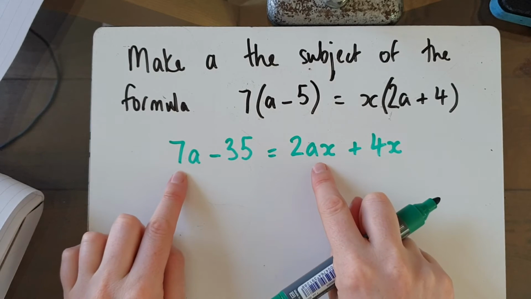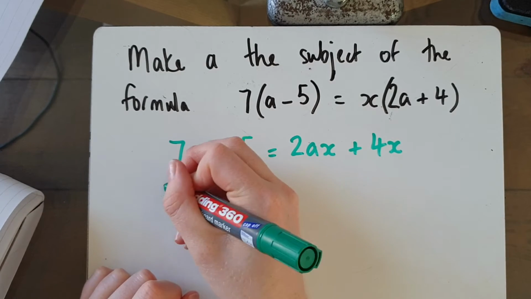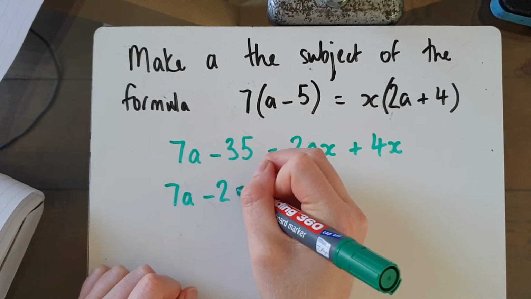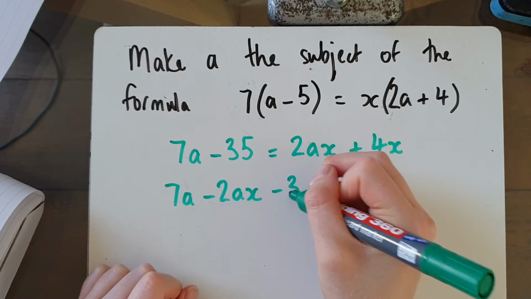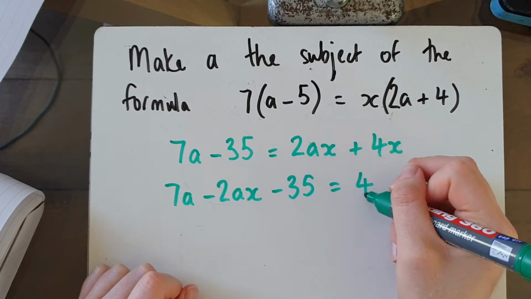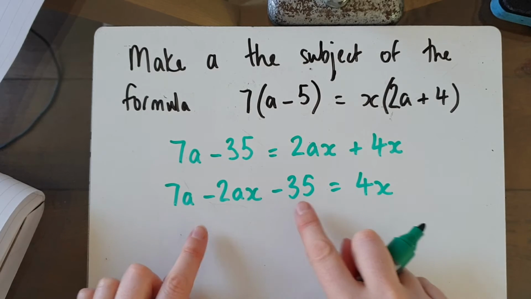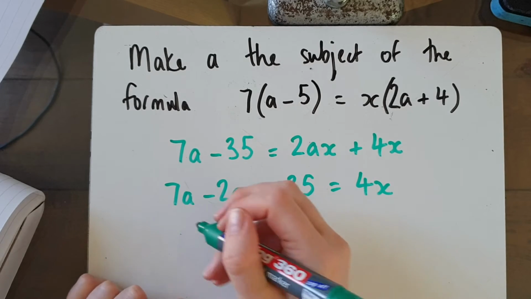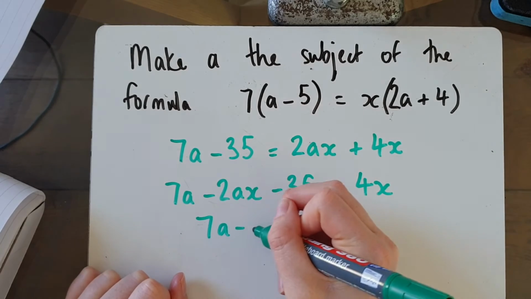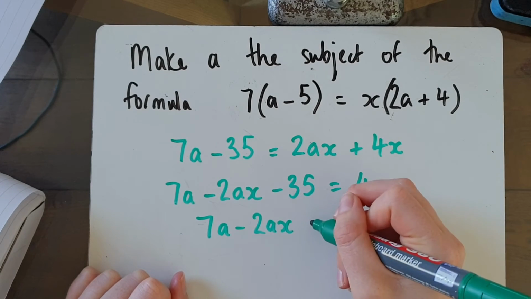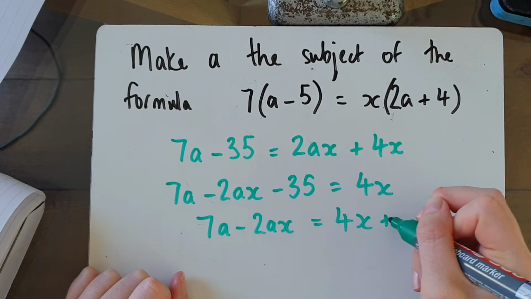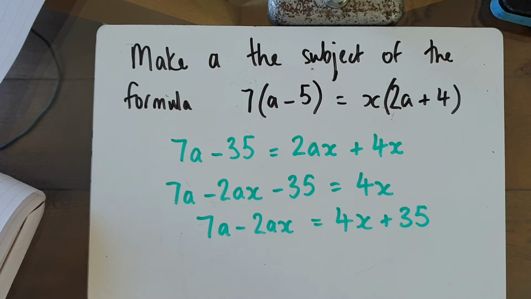I'm going to get everything with A's onto this side. So 7A minus 2AX minus 35 equals 4X. And I'm going to move everything without A in it onto the other side. So 7A minus 2AX equals 4X plus 35.